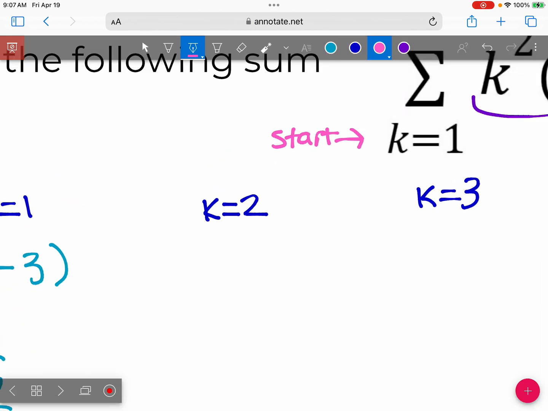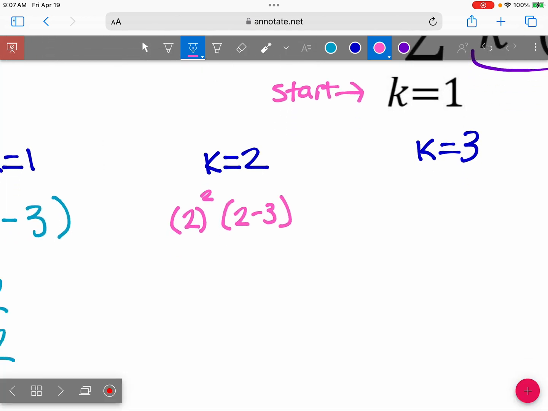We're going to do the same thing for 2, 3, and 4. We're not there yet. I'm going to take all these values and do something at the end, okay? So I'm just writing them out next to each other. For 2, we have 2 squared times 2 minus 3. It gives me 4 times negative 1, also known as negative 4.